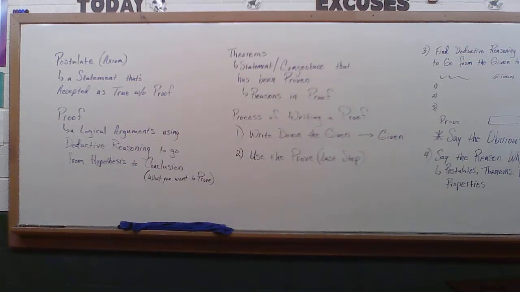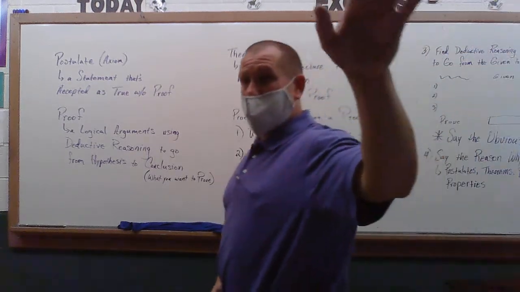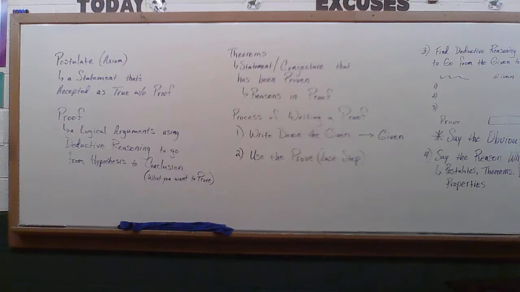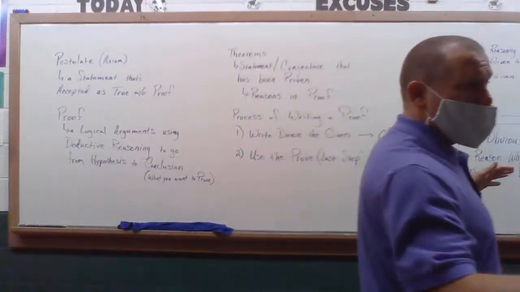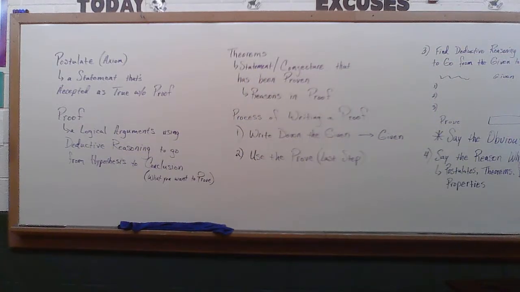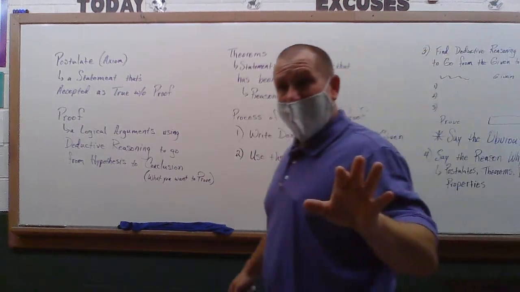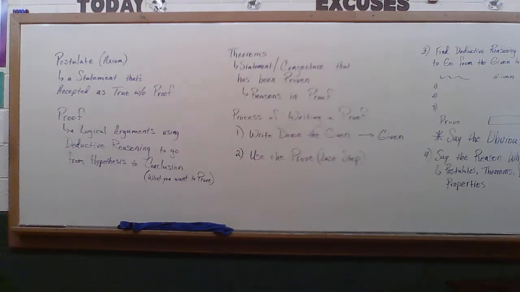So, the first way of doing this, and again, I don't know why they do this, but the first way that you can write a proof is through a paragraph. How many people like to write paragraphs? Probably not, okay? So we'll learn a 2-column proof, I believe already tomorrow. But they want you to kind of think about this paragraph proof today. So this is basically writing a paragraph and explaining a situation.